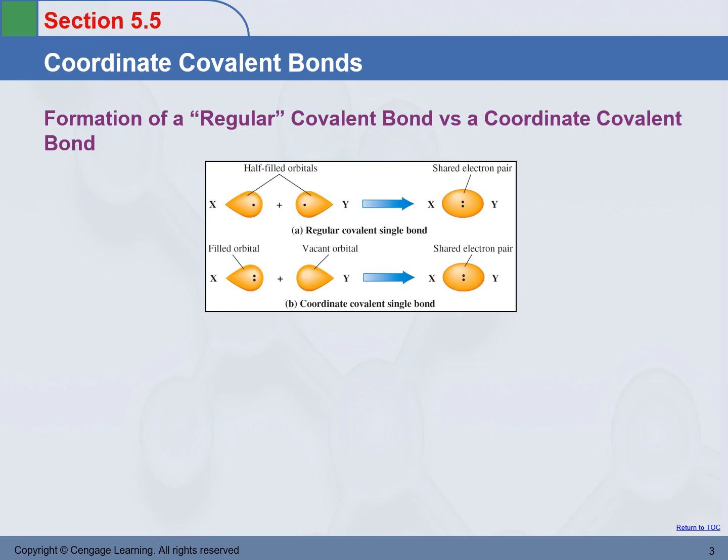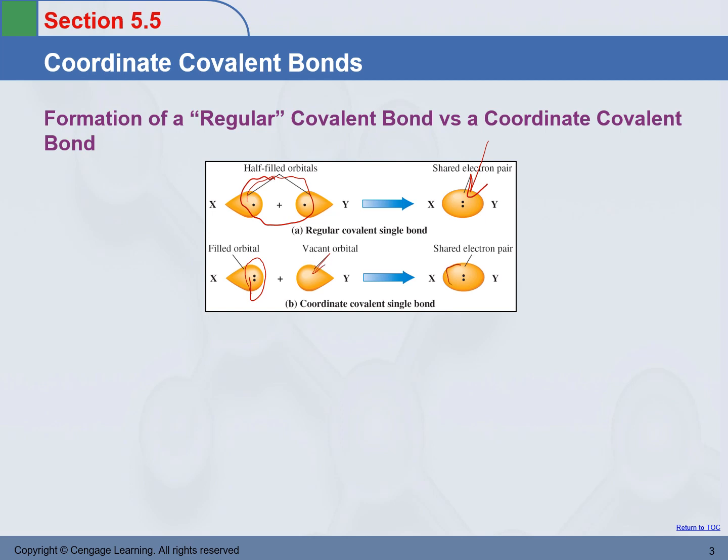Good. This picture shows us the comparison between the formation of a regular covalent bond and a coordinate covalent bond. For a regular covalent bond, each atom provides one electron to share. In the coordinate covalent bond, one atom offers both electrons. The other atom only offers an empty orbital.